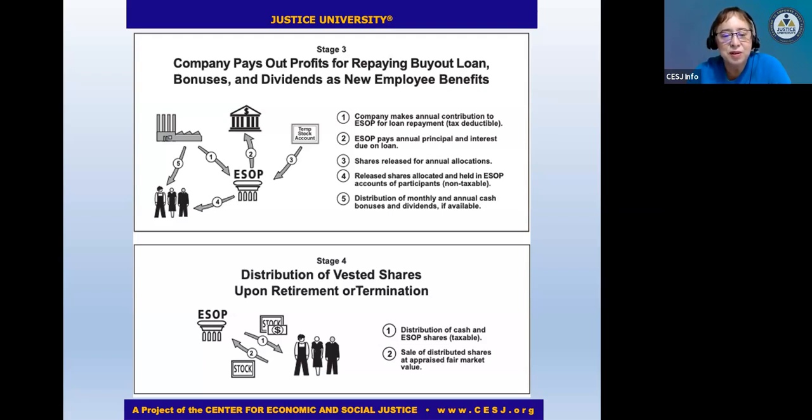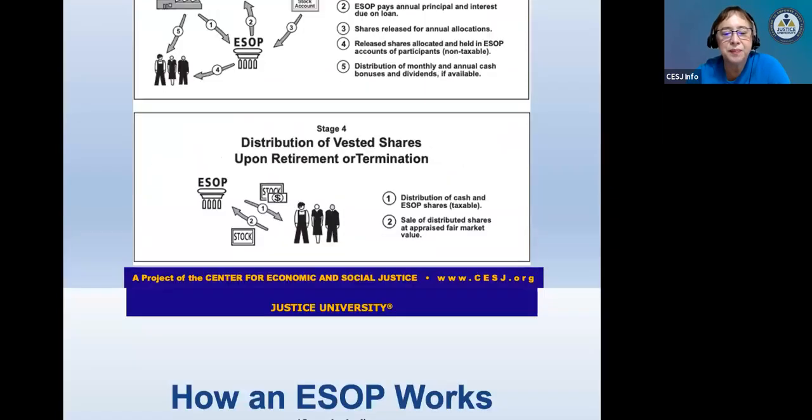So it's the vested shares that give you the full rights under the ESOP. So when the person retires or leaves the company, the shares are distributed, and then the person generally will sell them back to the ESOP and get the cash value. And everything is determined by an appraised fair market value.